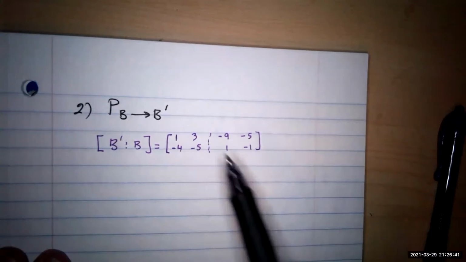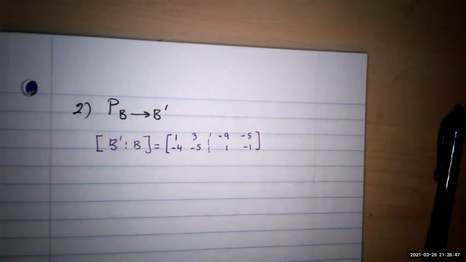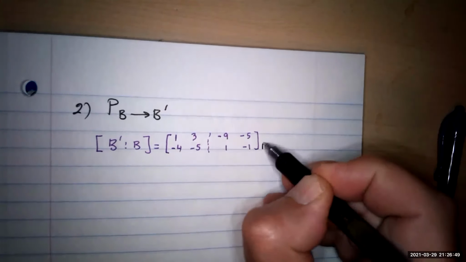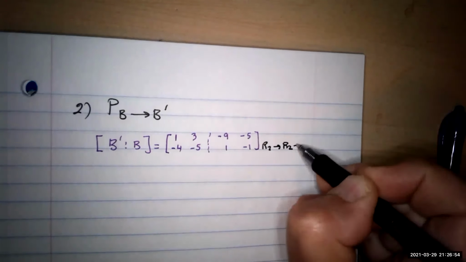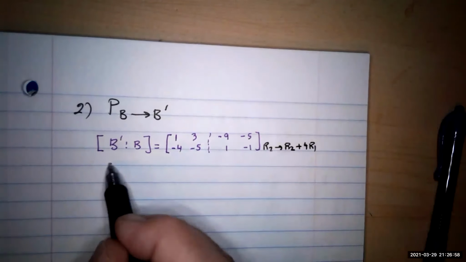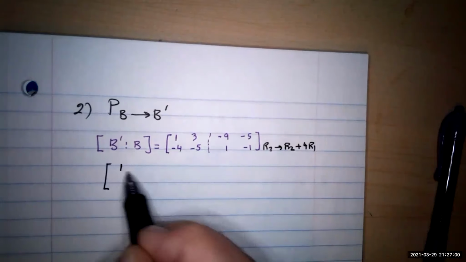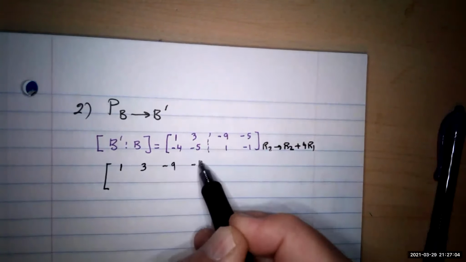Okay, you already got the 1 here, so simply you multiply. You get R2 into R2 plus 4R1, and you get these columns quickly. So the first one is going to be 1, 3, -9, and -5.